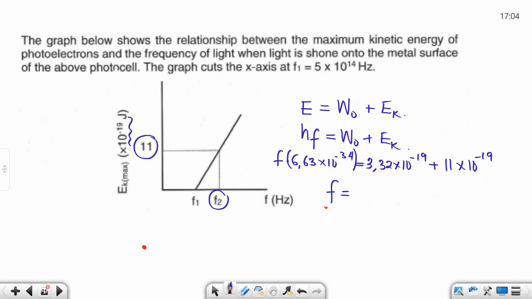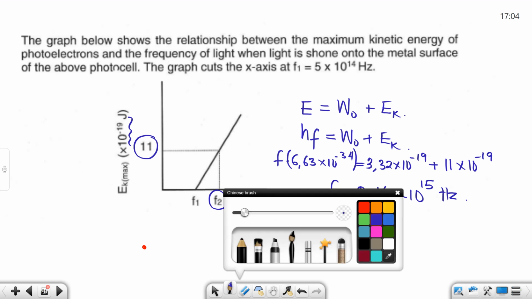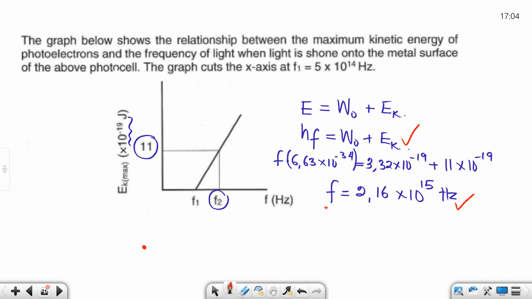Confirmed? 2 comma times 10 to the power of, and what's your unit? Hertz. Frequency. 4 marks there, 1 there, 1 there, 1 on the left and 1 on the right. Let's confirm. I need to make sure we are all getting that. Solved. Okay.